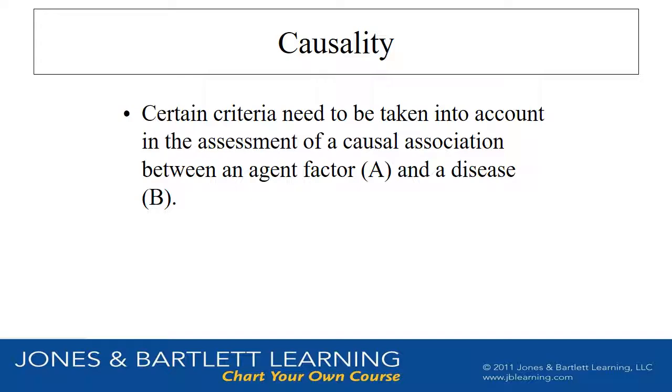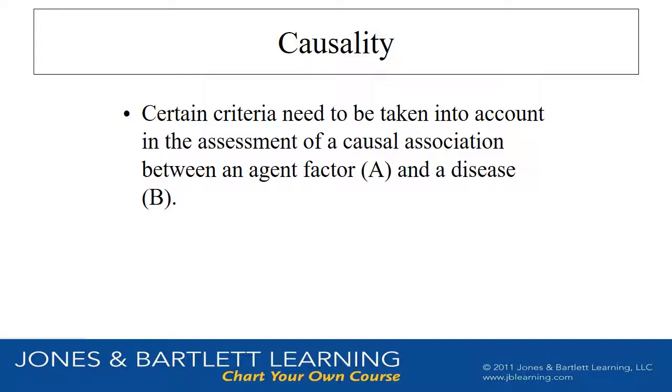When we do environmental epidemiology in environmental health, one of the main goals we would like is to understand what environmental factors cause disease, where exposure to agent A causes disease B. However, it's very important that we define how we understand causal association. And in epidemiology, there's been a series of discussions about this.